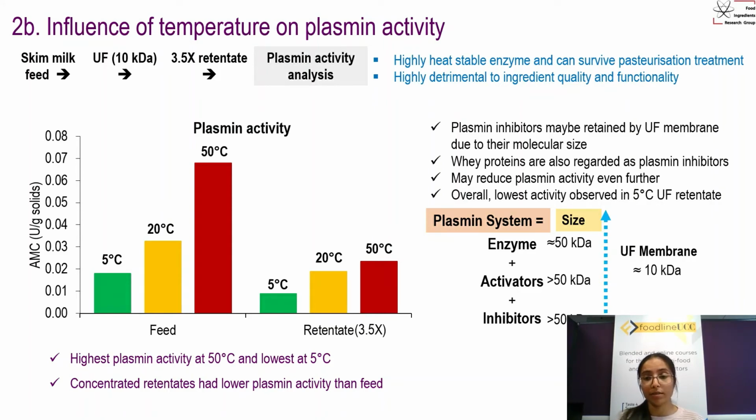Also, whey proteins are regarded as plasmin inhibitors, which were also concentrated with UF. So that could reduce the plasmin activity even further. But overall, we can see here that the lowest activity was observed in 5 degrees centigrade UF retentate after 10 days.